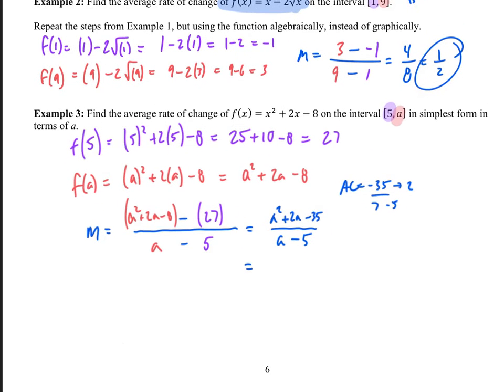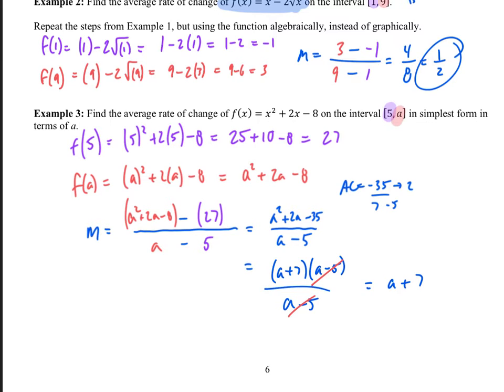Again, shortcut AC because the A value is 1, so we can say that's a plus 7, a minus 5, all over a minus 5. And lo and behold, we have a common factor of a minus 5. So our average rate of change is just a plus 7.